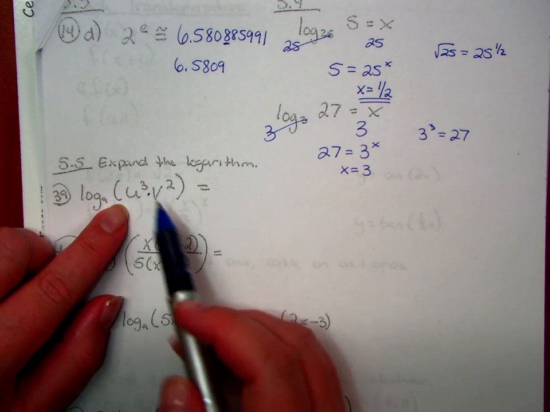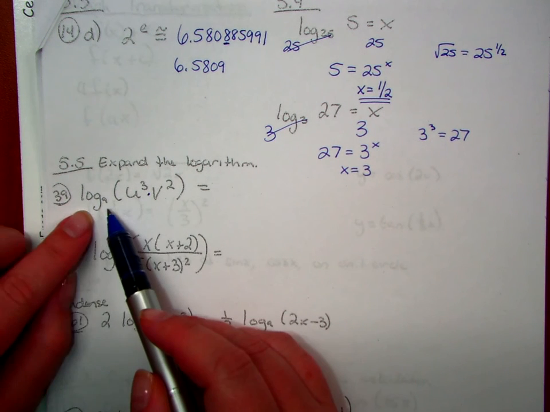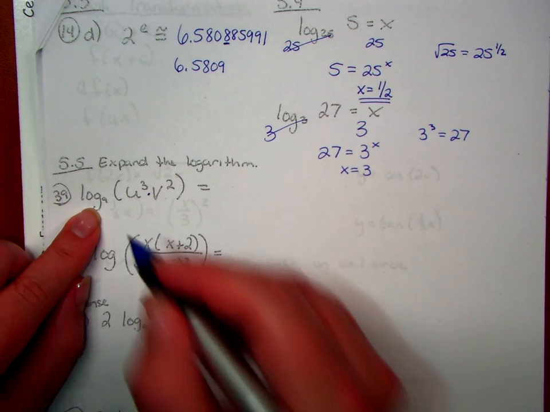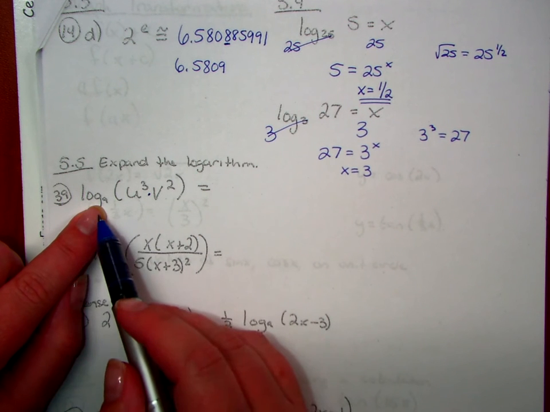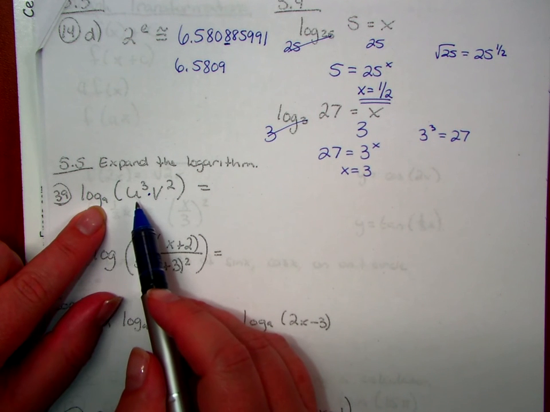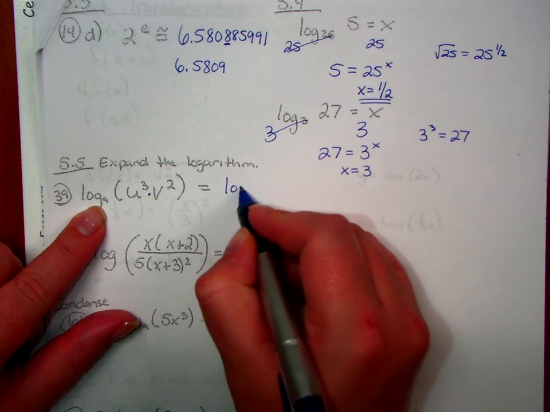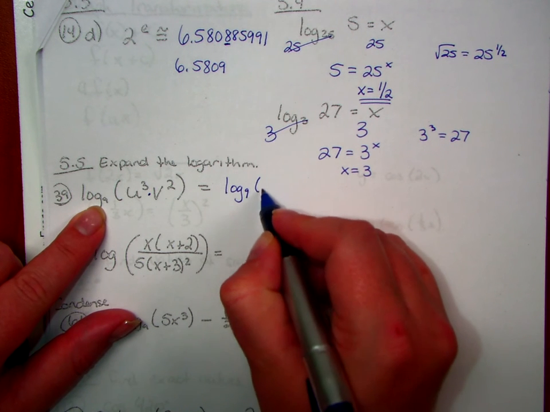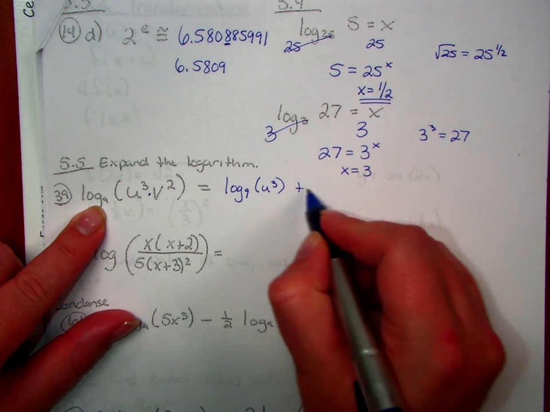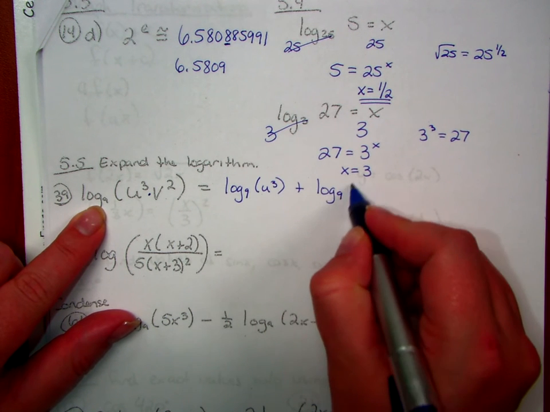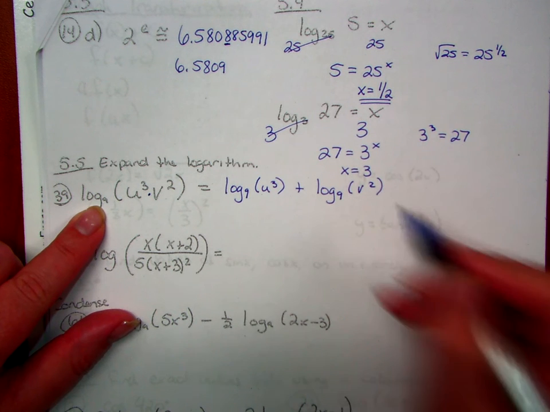I can write this as log base 9, I'm not sure if I meant 9 there or a, but let's go with 9, of u cubed plus log base 9 of v squared. We're separating that product into two distinct logarithms.